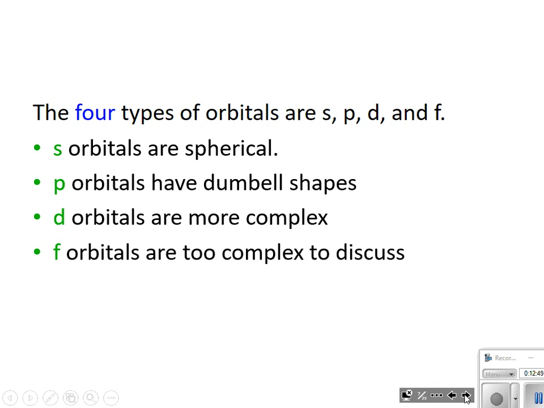So what we're going to do is, on my next slide, I'm going to show you the different orbitals and their shapes.